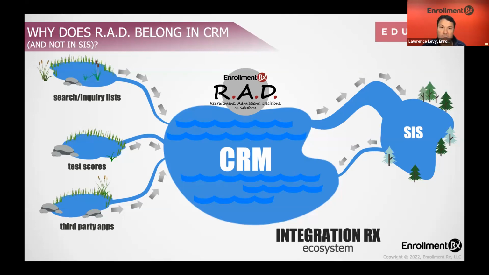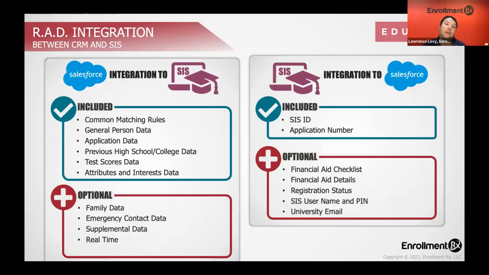And when we speak to schools, we describe that type of integration from a recruitment and admissions perspective to include the following. With this slide, we can see here on the left how we have CRM, in our case, Salesforce, over to the student information system, and we're sending data that way. And then on the right-hand side, we're showing how we're bringing certain data back from the SIS into the CRM.